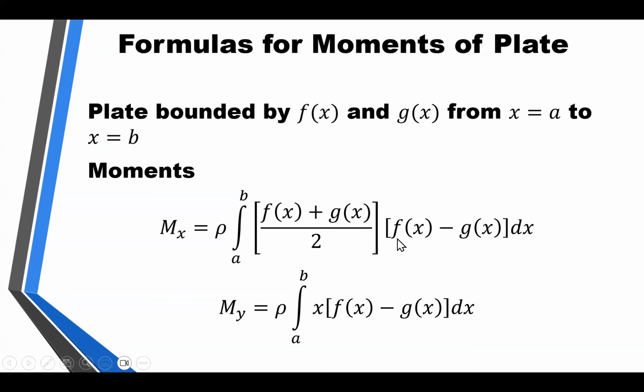The moment about the x-axis is probably the most difficult to get. It's the f of x minus g of x. That's the length of the rectangle. And then, like I said, when we talk about how far it is from the x-axis, well, the center of that rectangle is at f plus g over 2.